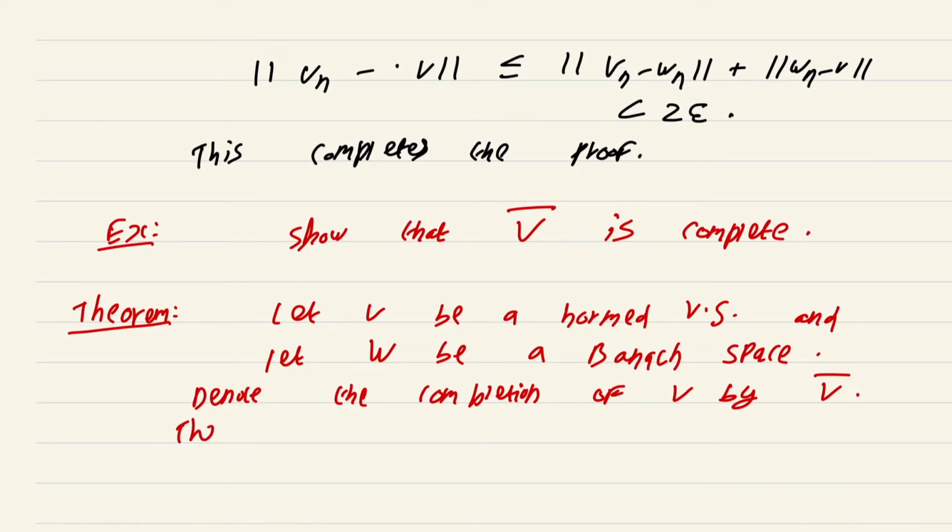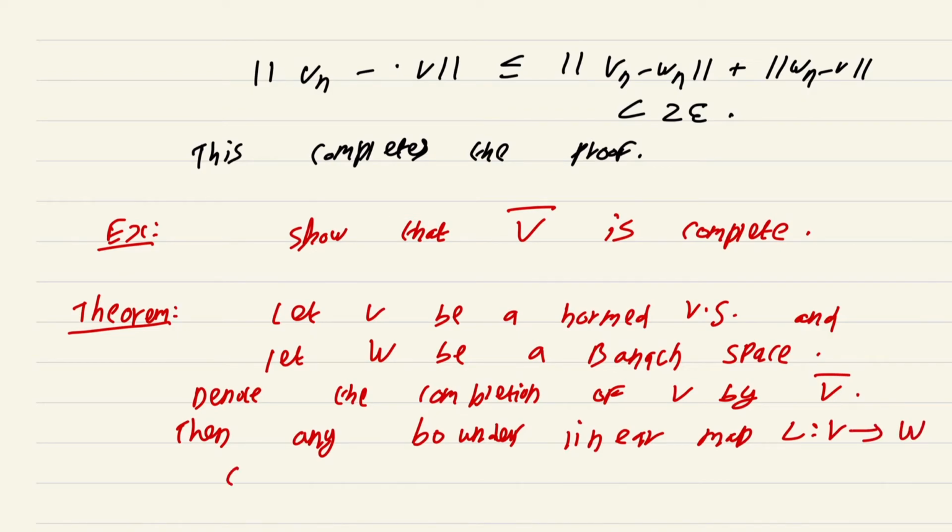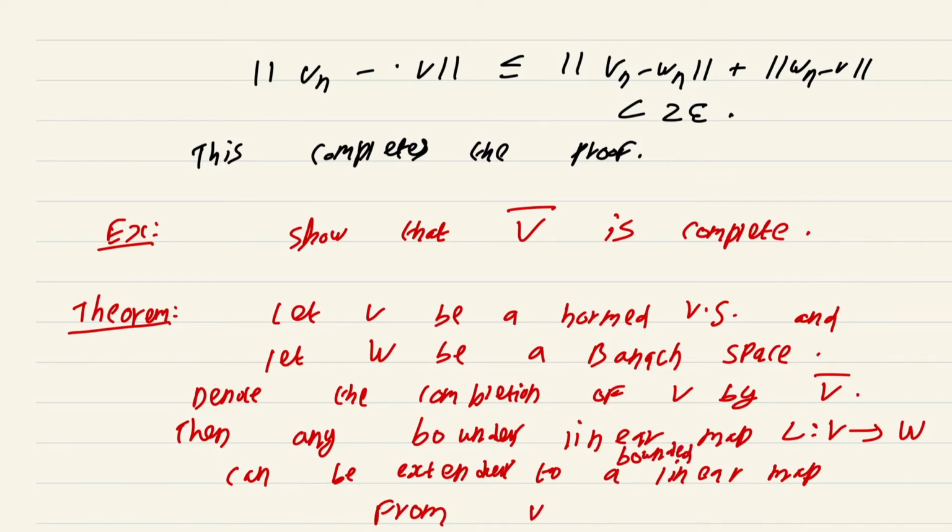Then any bounded linear map L from V to W can be extended to a bounded linear map from V bar to W. Okay, if you start with the linear map from V to W, it extends to the completion.